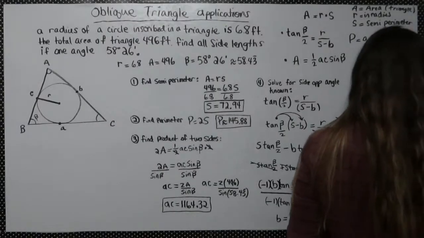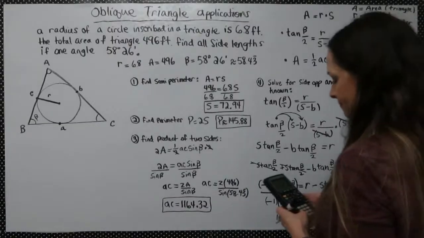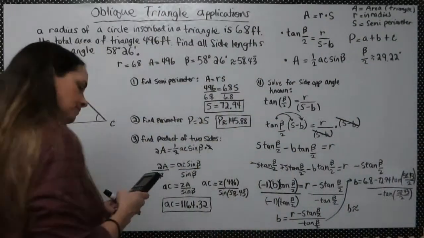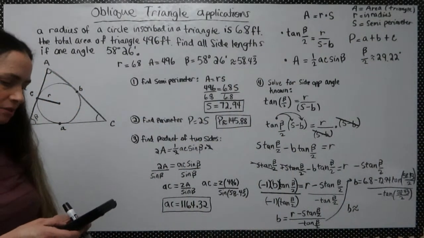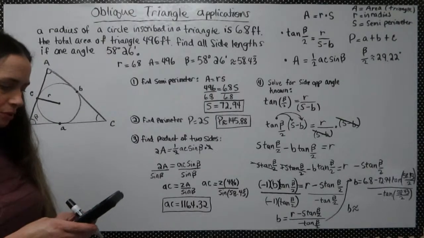All right. So we'll go ahead and say 6.8 minus 72.94 tangent 29.22.